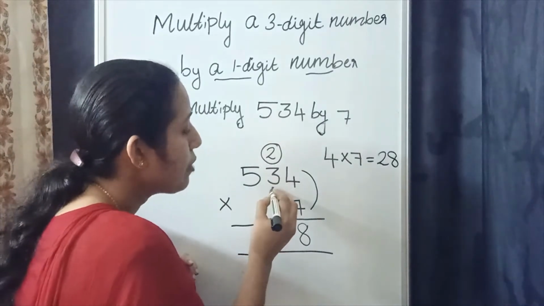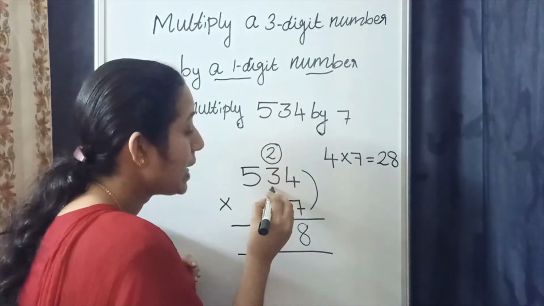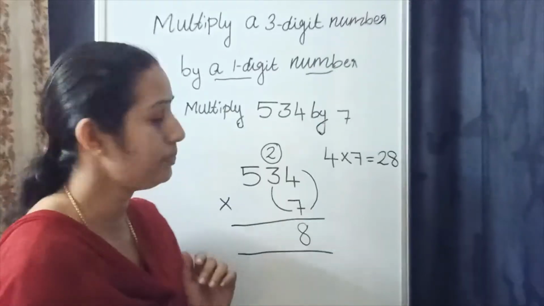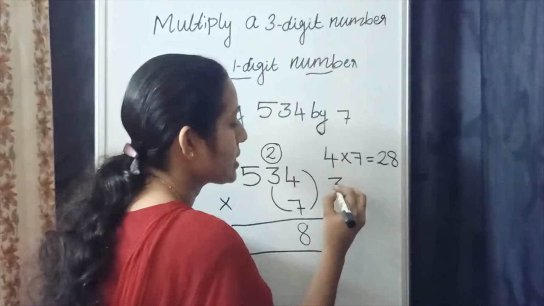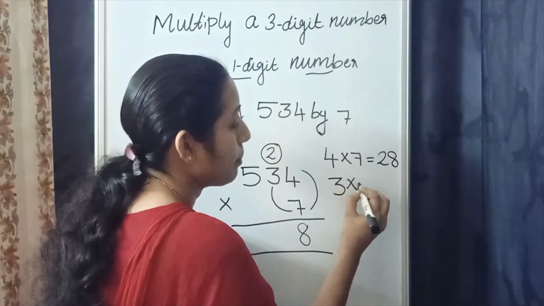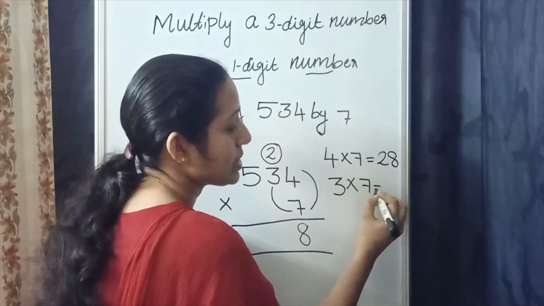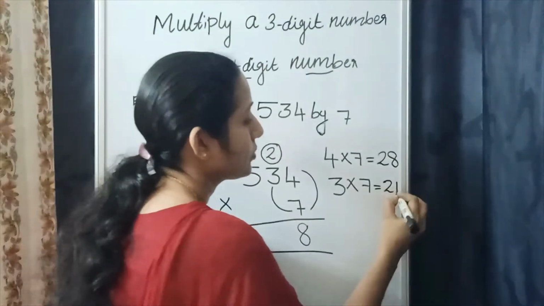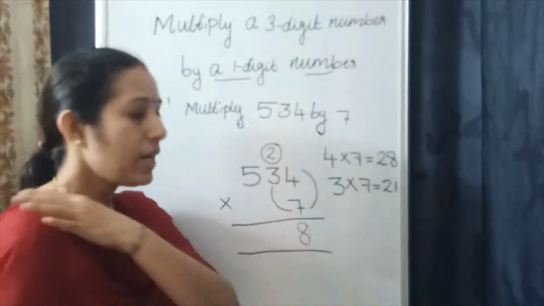In the second step we multiply the tens place digit of the multiplicand and the multiplier. The tens place digit is 3 and the multiplier is 7. 3 7s are 21.